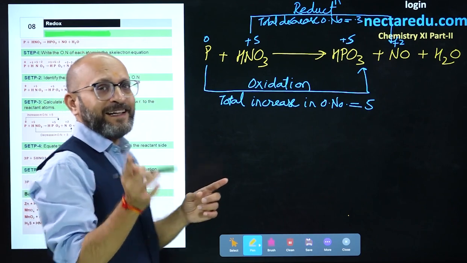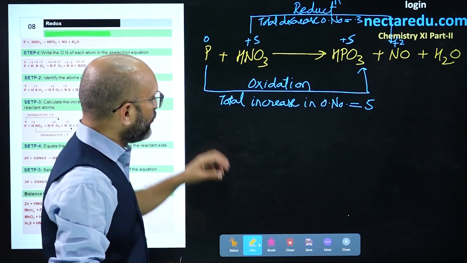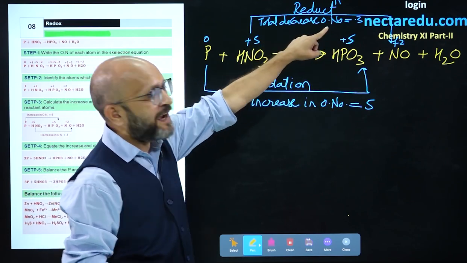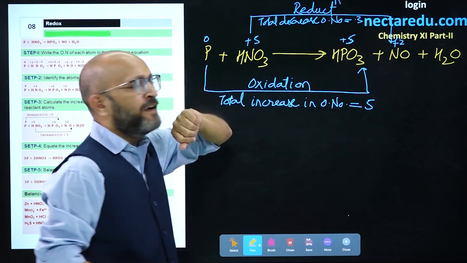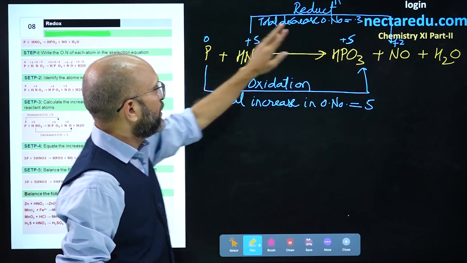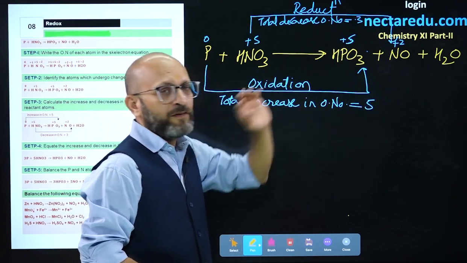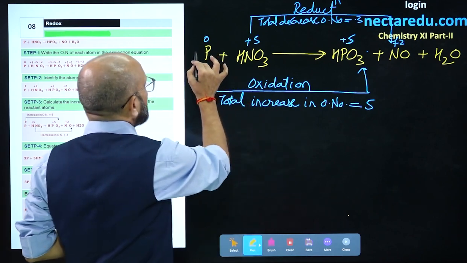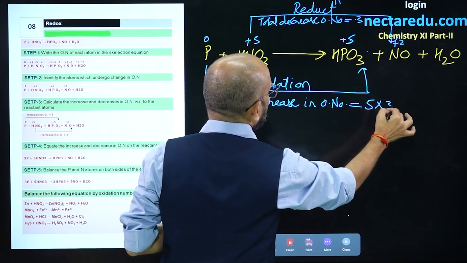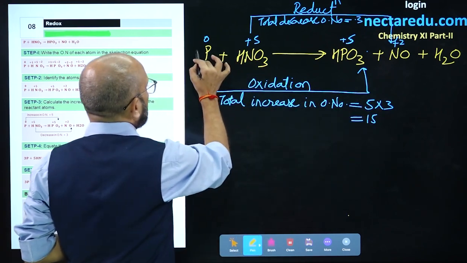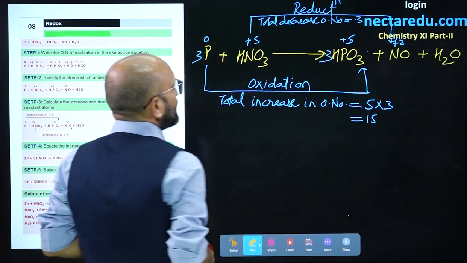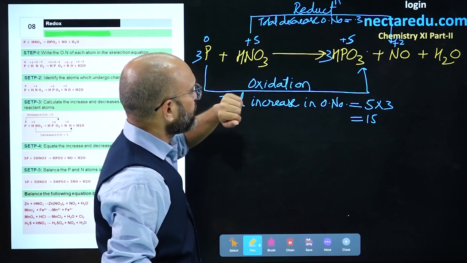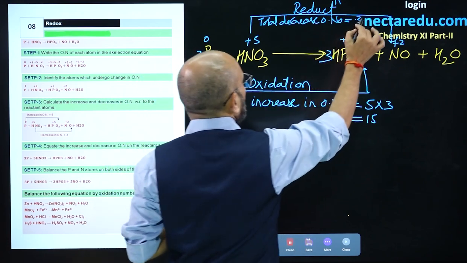We have to make increase and decrease equal. So we will multiply phosphorus and HPO₃ by 3 and we will multiply nitric acid and NO by 5. So 3 into 5 will be 15 and 5 into 3 will be 15. We make increase and decrease equal: the increase is 15, so the decrease should be 15.